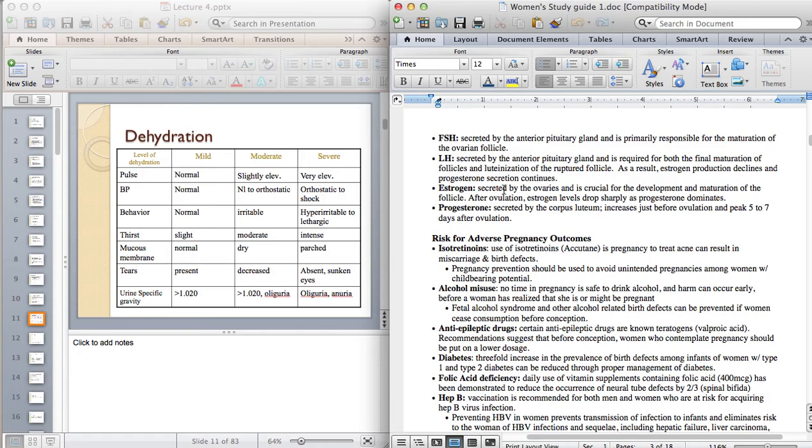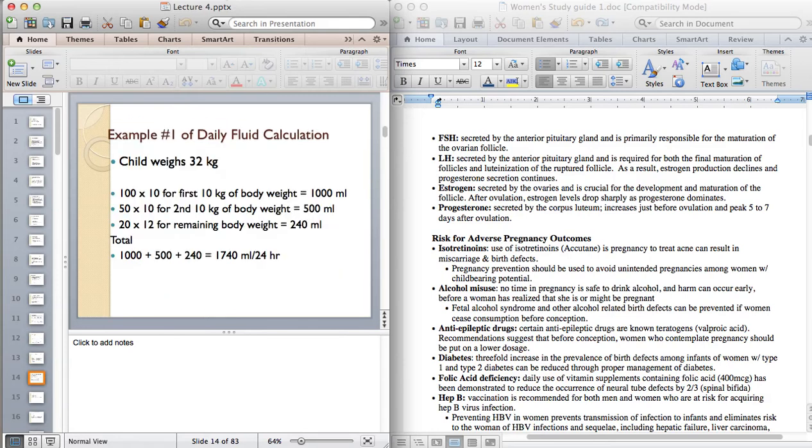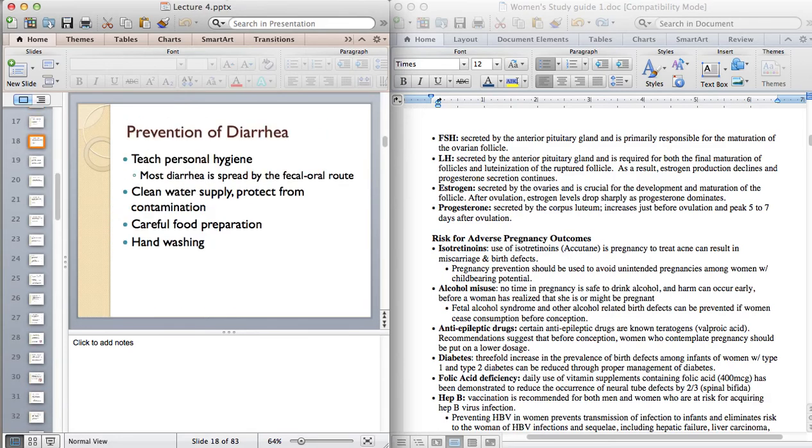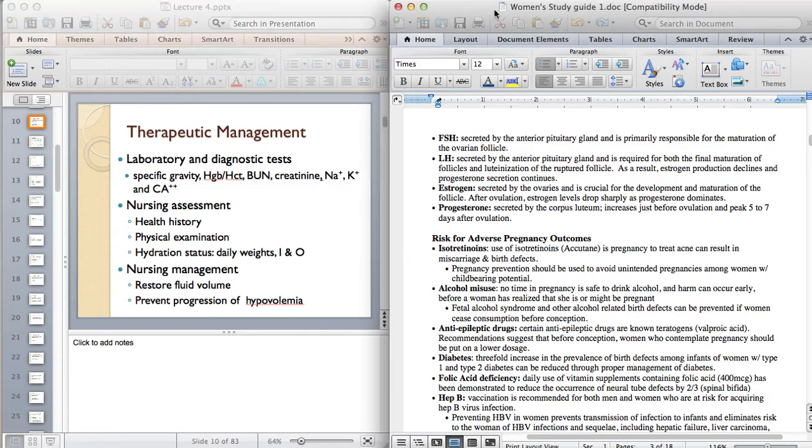Well, we do our labs to find out what is going on. We'll pay particular attention to our friends, the sodium and potassium here. And also the creatinine and BUN level, because we use the creatinine and BUN to gauge the health of the kidney. Okay? And then we do our assessment, we maintain our hydration status.